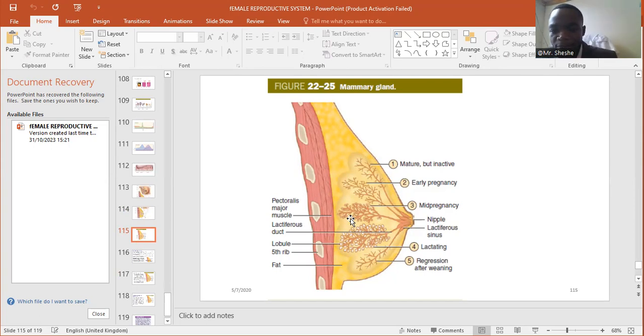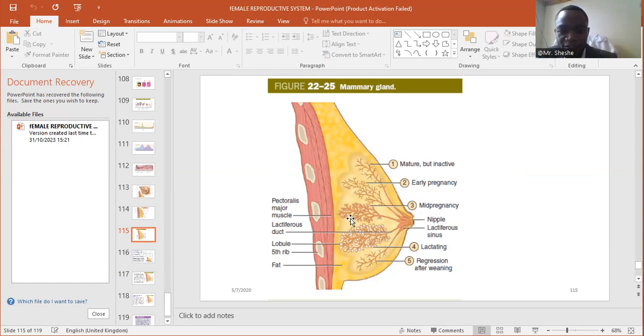So breasts reach maturation after puberty. Maturation begins at puberty, but around 20, 21, and so on, breasts are fully mature. But they are inactive because at that stage, a woman is not pregnant. Until a woman gets pregnant, then we can say the breast is now in a gravid state.